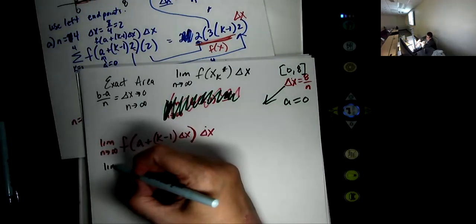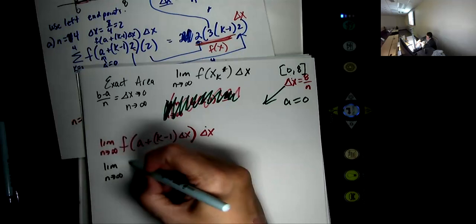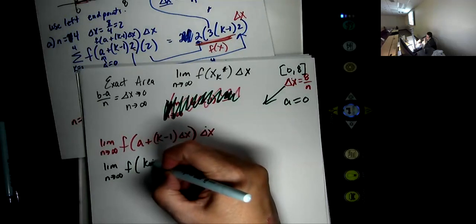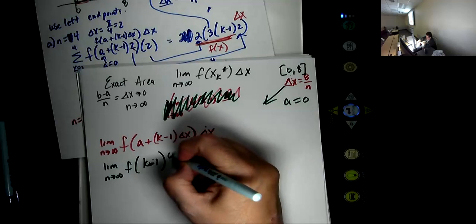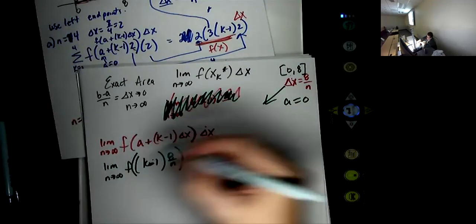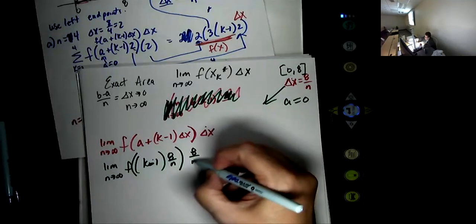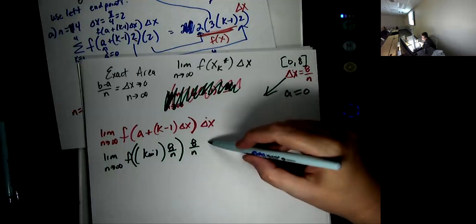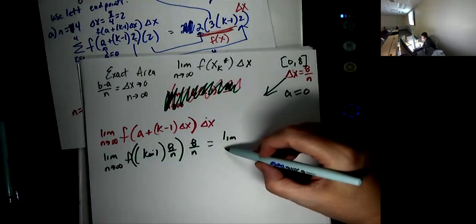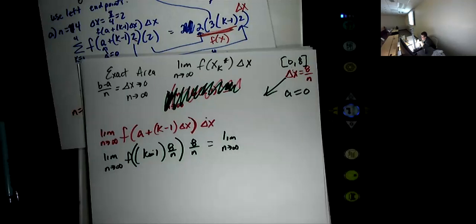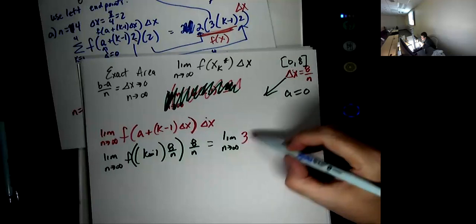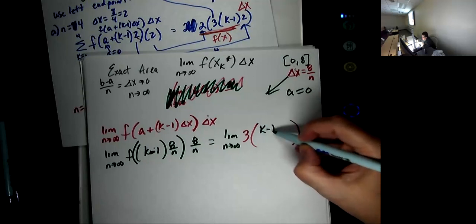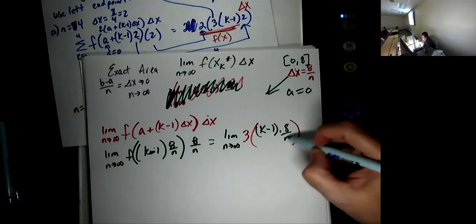So this is the limit as n goes to infinity of f. A is 0. I've got k minus 1 times 8 over n, that's in my big function, times 8 over n. And the f part just makes this 3 times k minus 1 times 8 over n, and then another 8 over n.